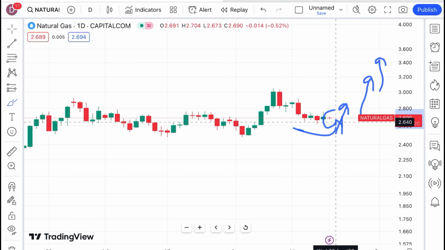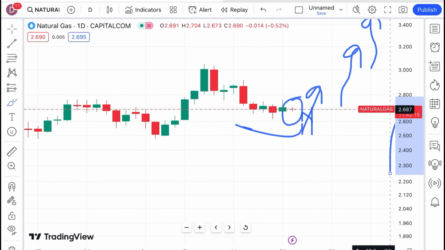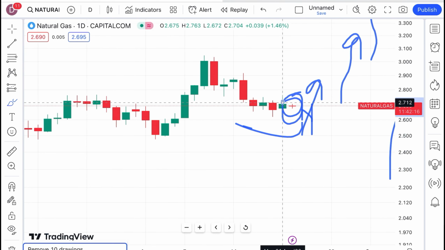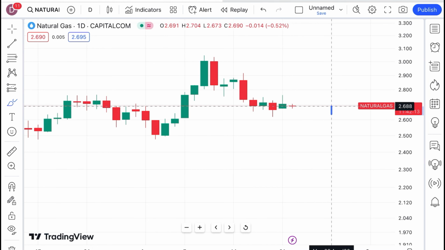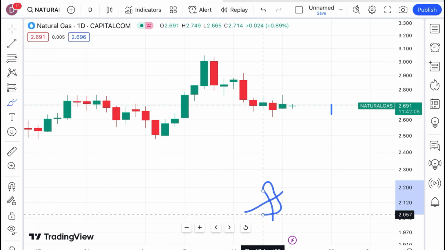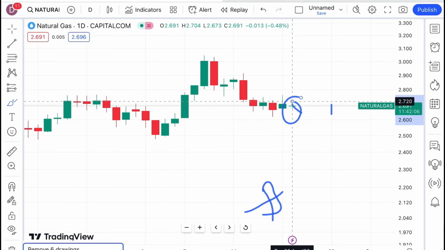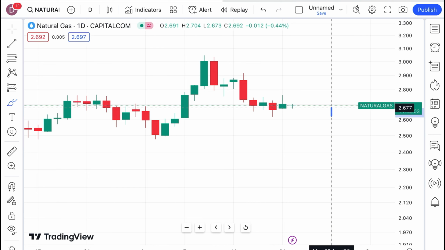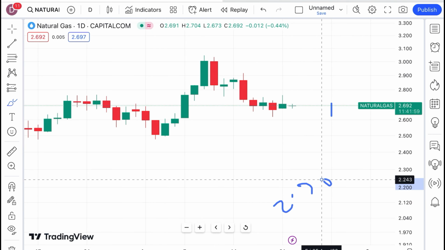See, now it is trying to form a doji candle, as you can see, look at this particular chart. So for the next candle, if it forms above this particular level, that means if it forms a green candle, then we can see a probability of going further upside. Now it has turned out to be a green candle. Suppose the price sustains above this level, we can see it will go towards $2.704.